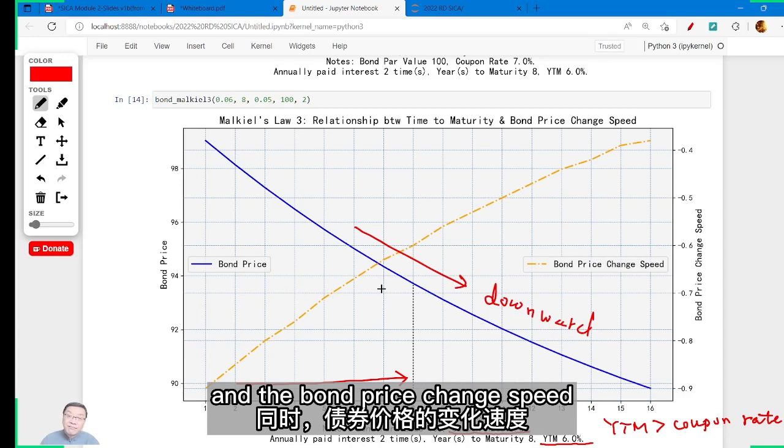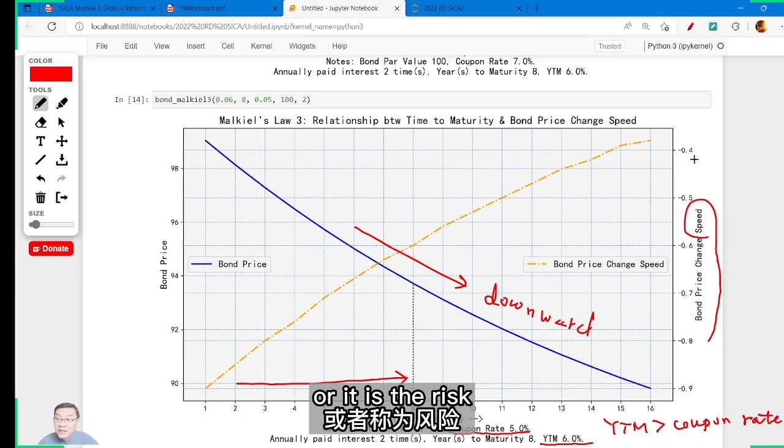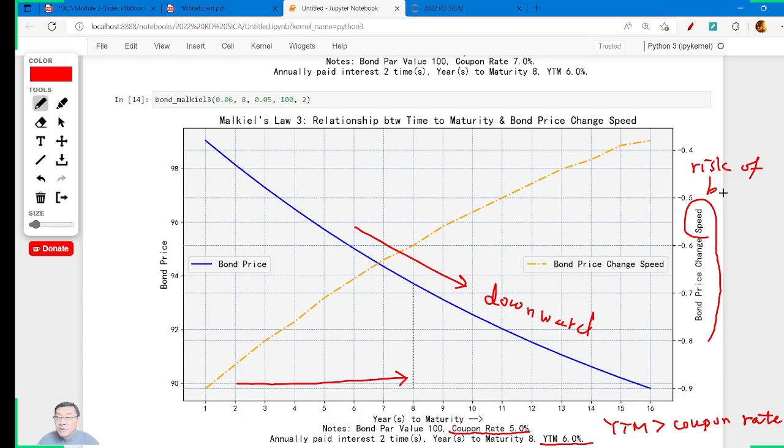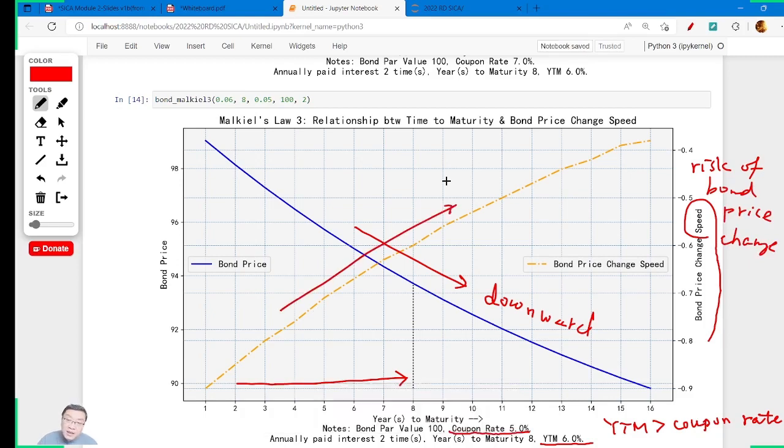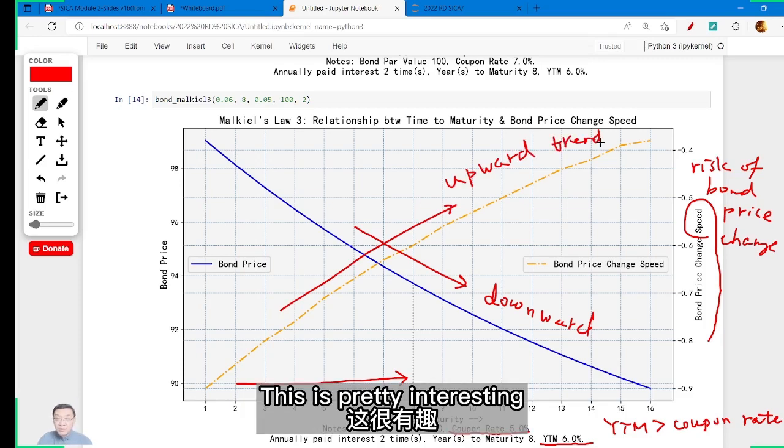And the bond price change speed, or the risk of bond price change, is in an upward trend. Upward trend. This is pretty interesting.